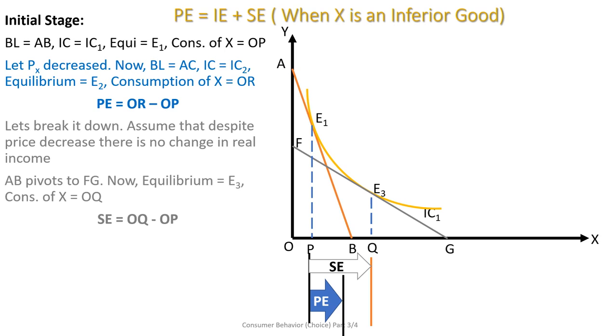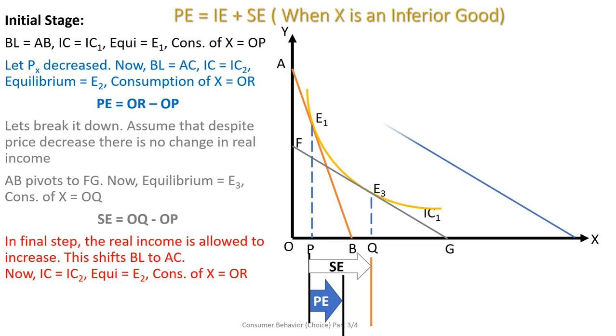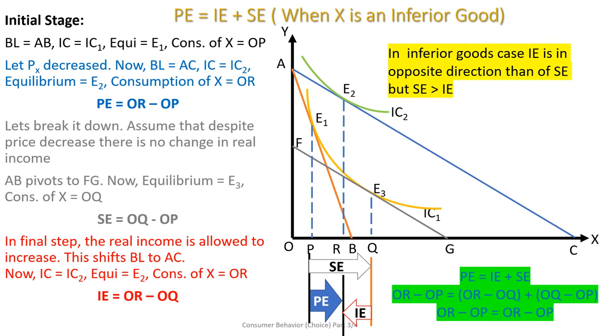Now let's assume that because of the decrease in the price, the real income is allowed to adjust. So the real income will increase. This will result in shifting the budget line from FG to AC. However, since commodity X is inferior, the demand for commodity X will decrease.